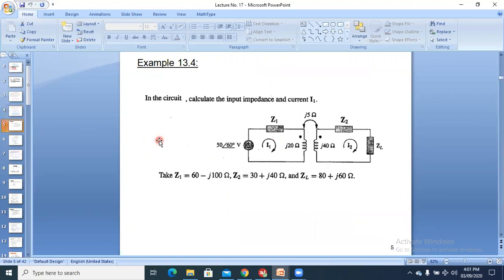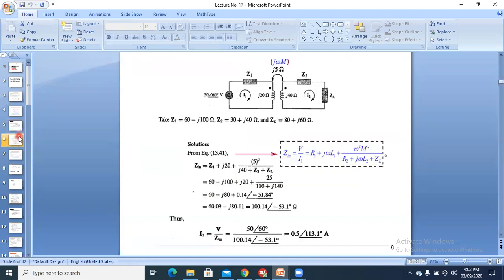Now we have to calculate the input impedance and the current I1 in this circuit when the values of Z1, Z2, and ZL are known. So these three values of impedances are known in the circuit. How can we proceed?